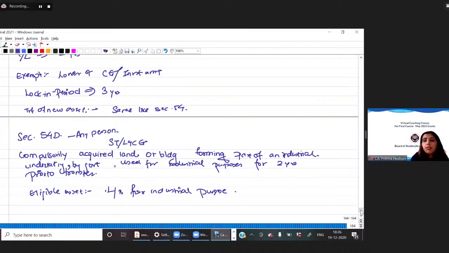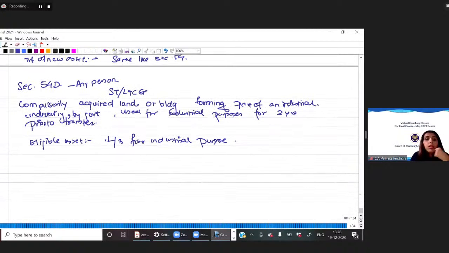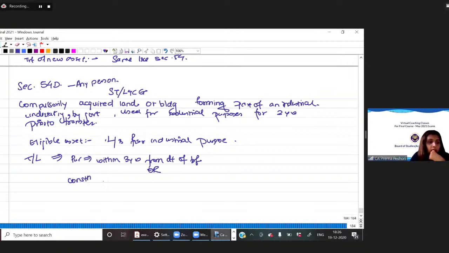What is the time limit? Purchase or construction within 3 years from the date of transfer. What will be exempted?